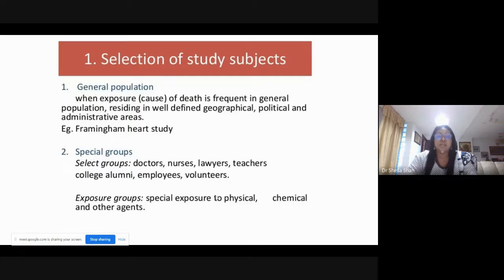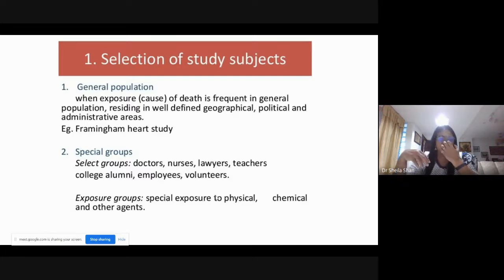The selection here is from the general population. For example, exposure to death is frequent in the general population. It depends on the geographical or political situation. That is the general population.